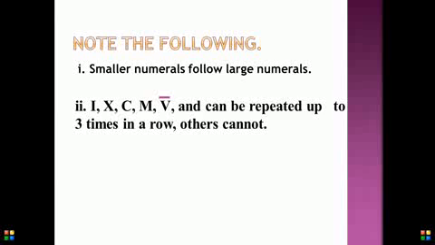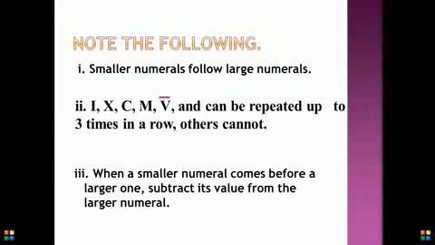Secondly, you should note that none of these basic numerals should be more than 3 in any combination you want to get. You cannot have IIII, no way. But you can have III. You can't have XXXX. You can have XXX, and so on and so forth. You cannot have more than 3 repeated in a row.